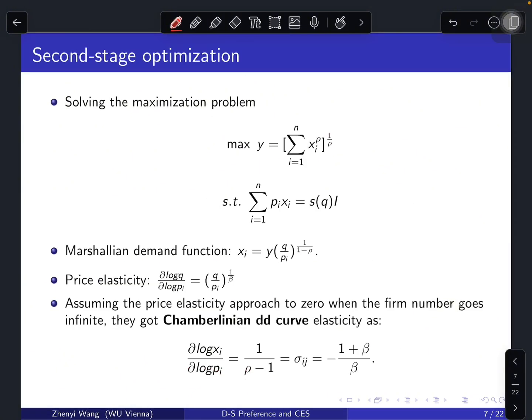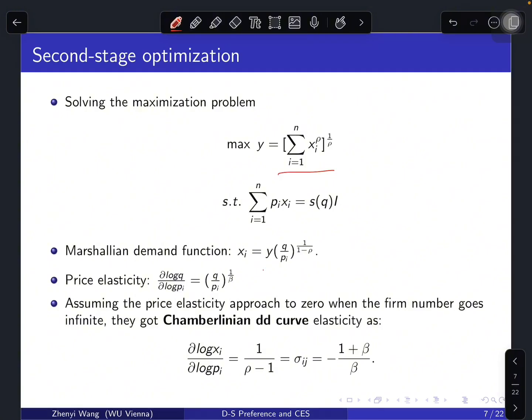Then in the second stage, consumers maximize utility by allocating their income between differentiated products, given a CES utility function and a budget constraint. Here again, we know that under the CES case, the differentiated products are aggregated using a CES aggregator.